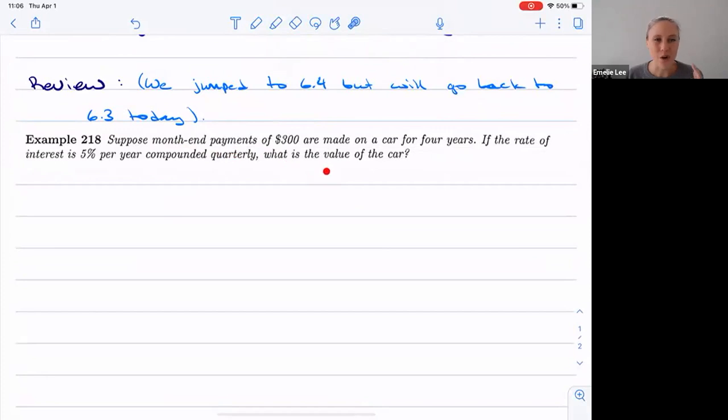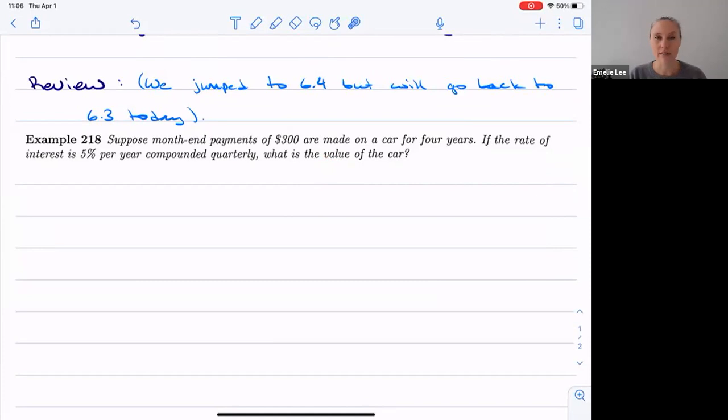So we're making month-end payments of $300 for 4 years. Okay? So if the rate of interest is 5% per year compounded quarterly, what's the value of the car, meaning how much did you pay today? What's that value that you're paying off with these $300 payments?